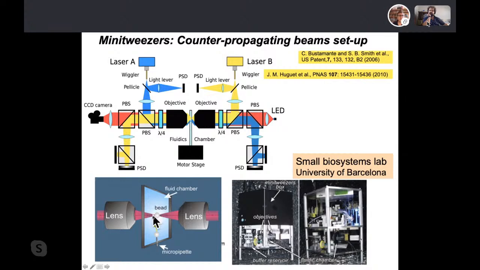The bead in the optical trap has near 100% transmittance. It just barely reflects 5% of light. All light is transmitted, but because the index of refraction of the bead, which is typically silica or plastic, 1.3, 1.4, 1.5, is higher than the index of refraction of water.